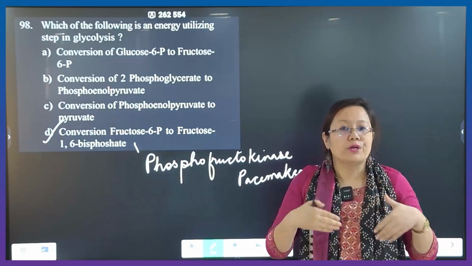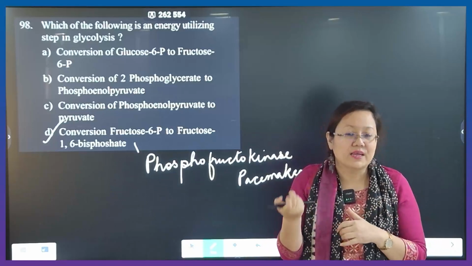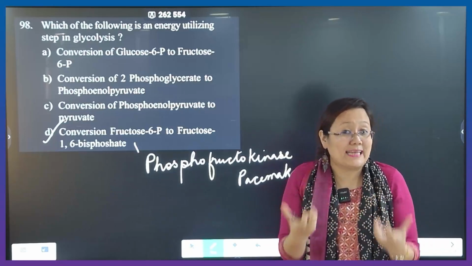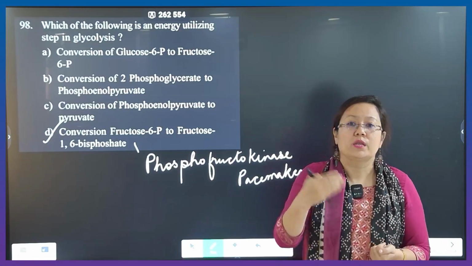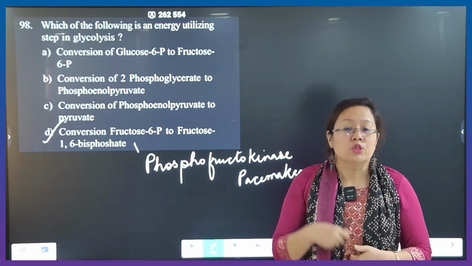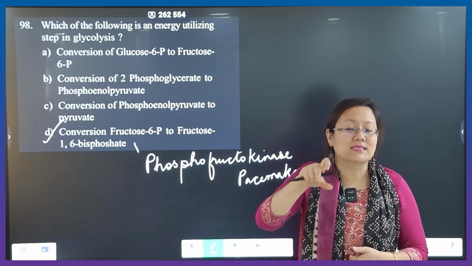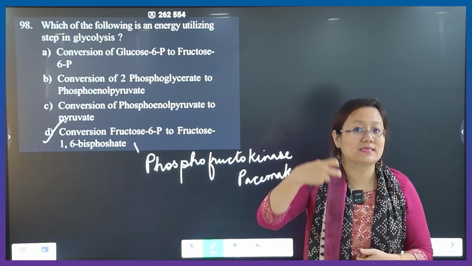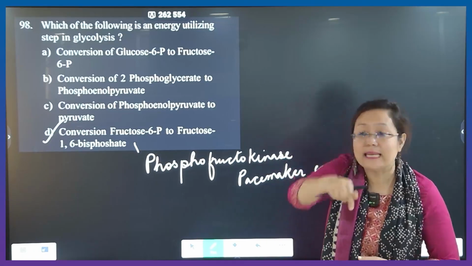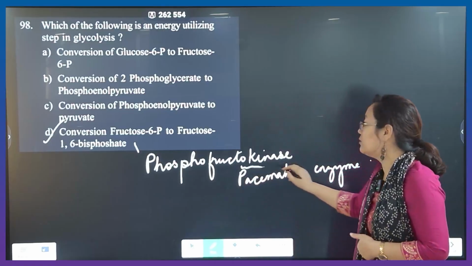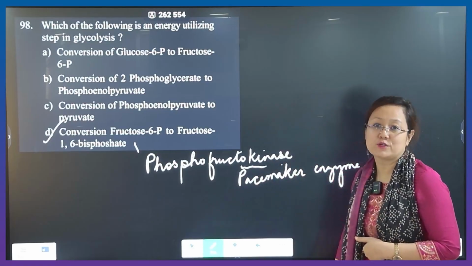So when pyruvate, citric acid and ATP are already high, when ATP is already in the body, why synthesize more ATP? That is why excess ATP and excess citric acid in the body will inhibit the activity of the phosphofructokinase enzyme.